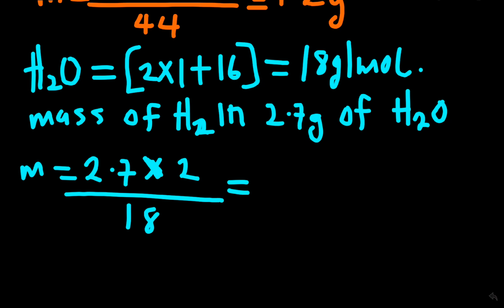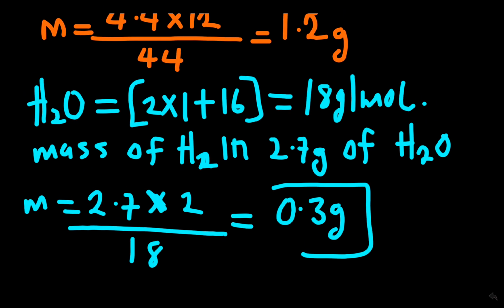So I'll punch 2.7 times 2 divided by 18, and the mass of hydrogen would be 0.3 grams.